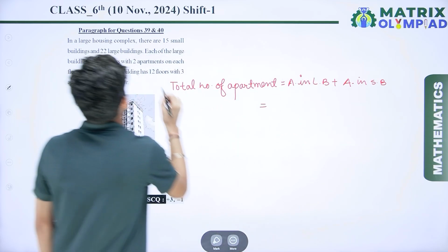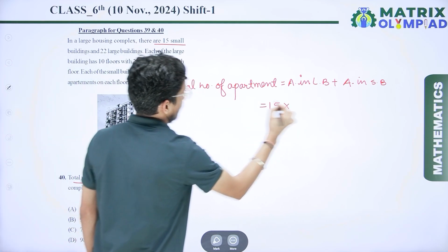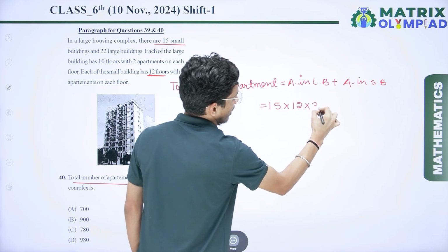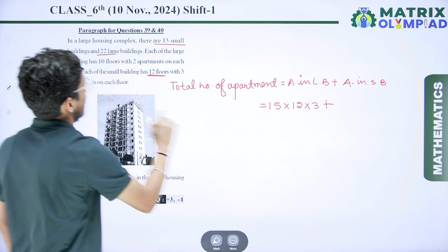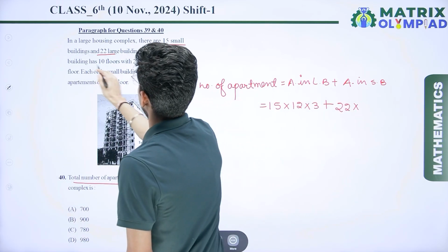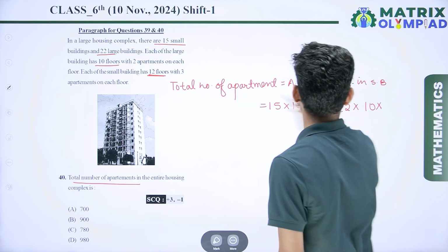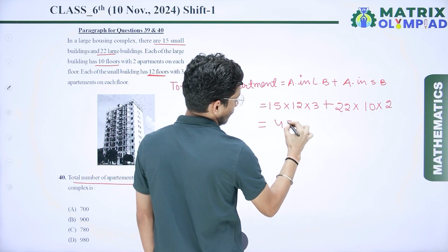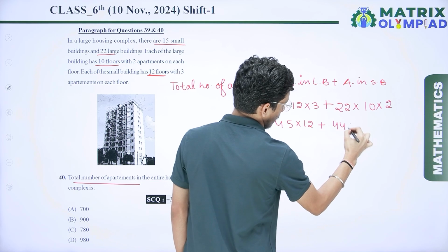So we know here we have 15 small buildings, so I can write 15 multiplied by each building having 12 floors and each floor having 3 apartments, plus here we have 22 large buildings multiplied by each large building having 10 floors and each floor having 2 apartments. So simply if I multiply here, I get 45 multiplied by 12 plus 440.